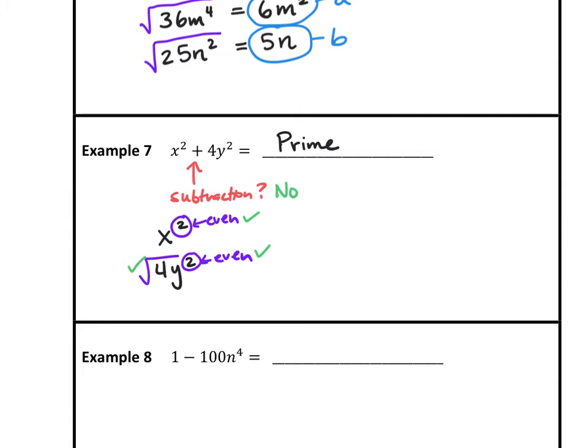And what prime means is that it cannot be factored. So when I say that something is prime, when an expression is prime, basically what I'm saying is that it cannot be factored. Okay, so for this one, example 7 is prime.